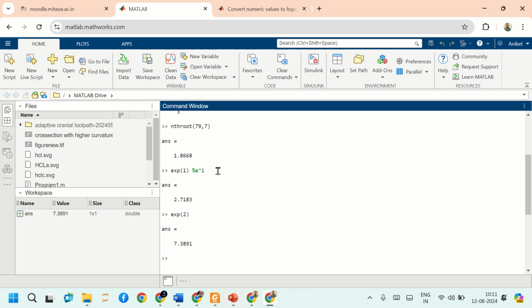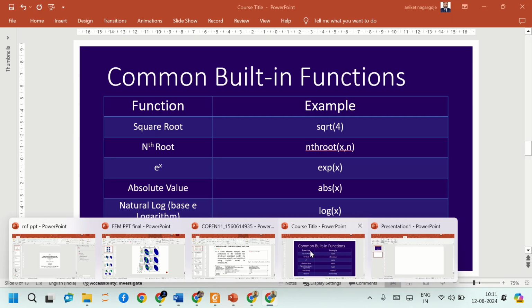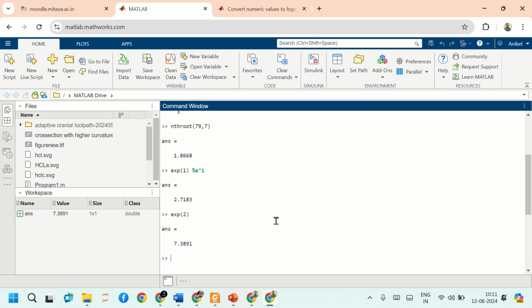Now after that we have the next thing, absolute value. So what is absolute value? What will be the output if I use this function? Anyone?